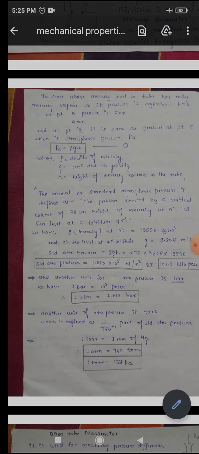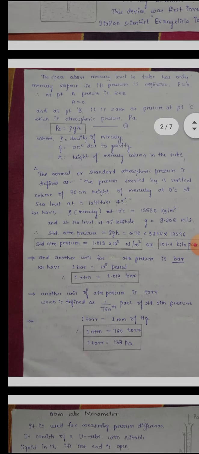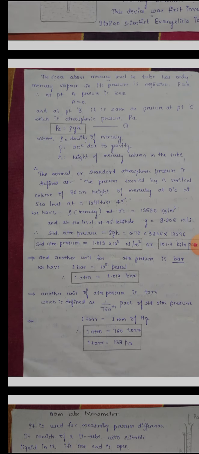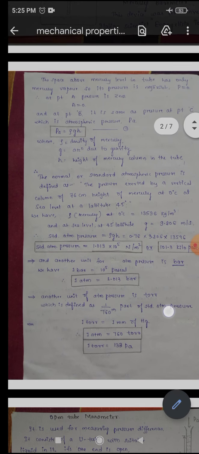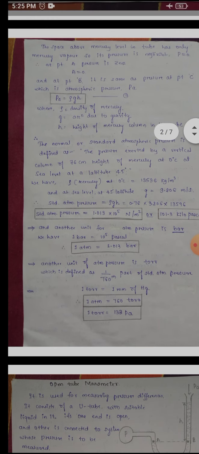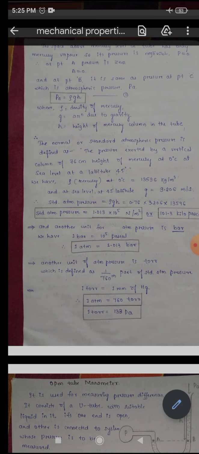So that's why in honor of that scientist we have given another unit for the atmospheric pressure, that is torr, which is defined as 1 by 760th part of the standard atmospheric pressure, and that is 1 torr is equal to 1 mm of Hg.